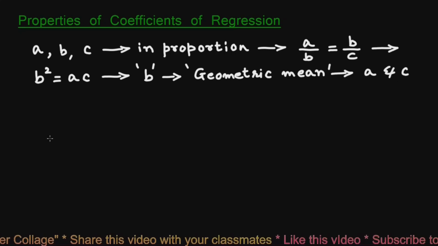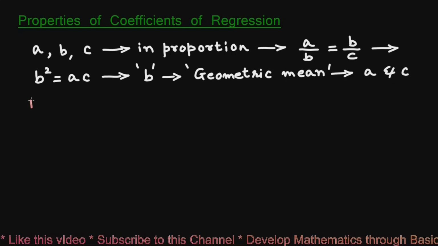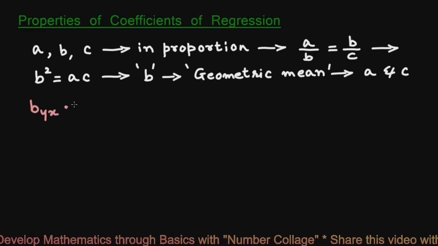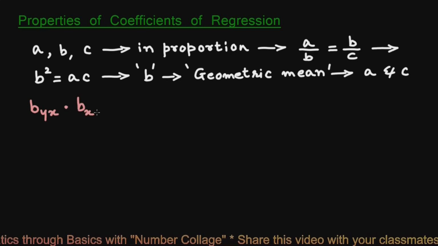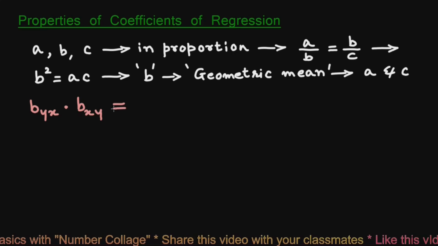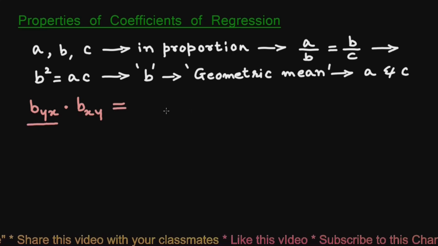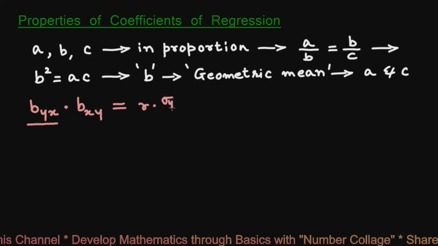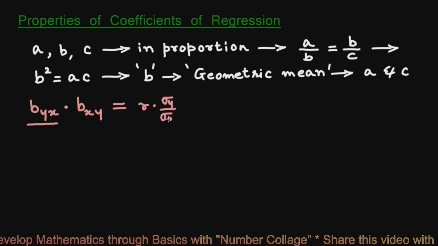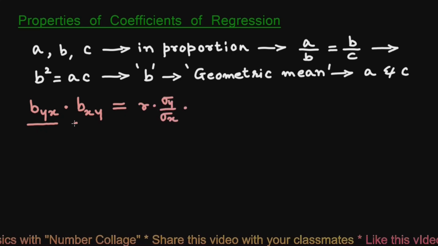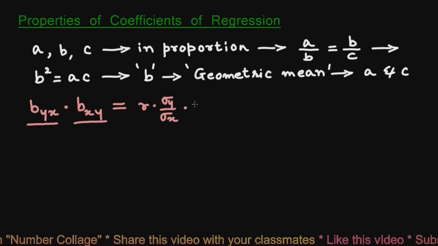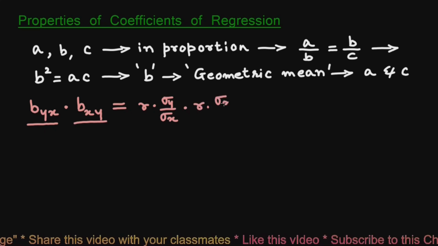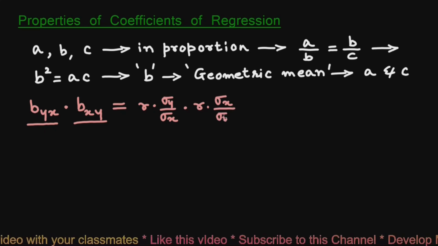On the same lines, coefficient of regression y on x into coefficient of regression x on y gives us, for byx we write coefficient of correlation r into sigma y by sigma x into, for bxy we write r into sigma x by sigma y.